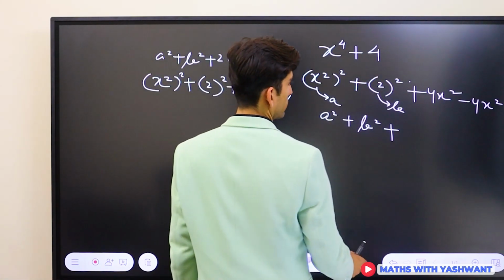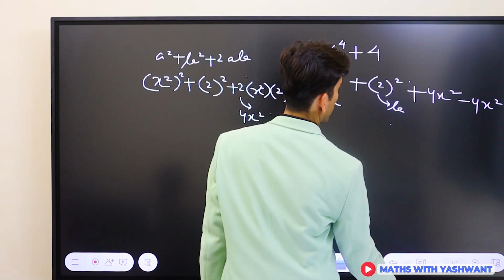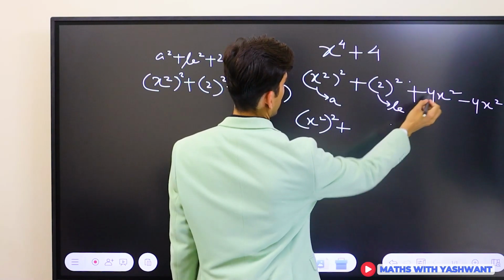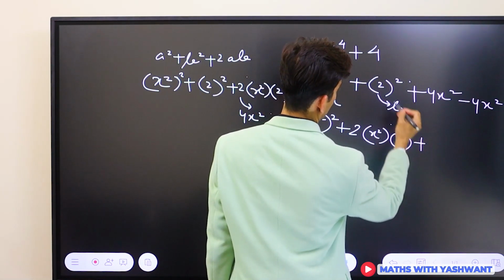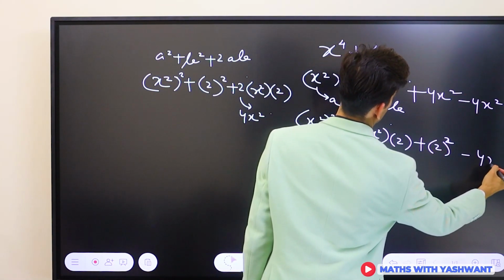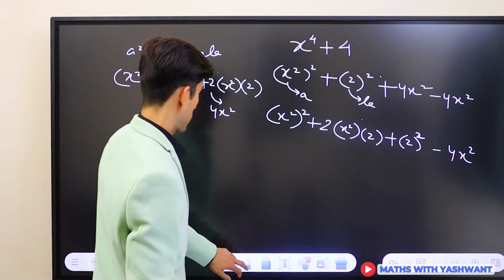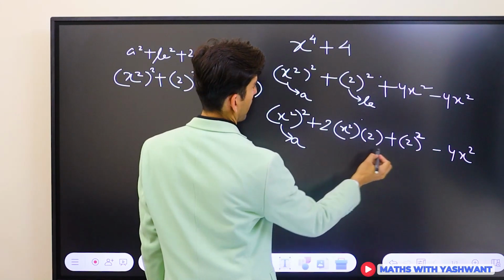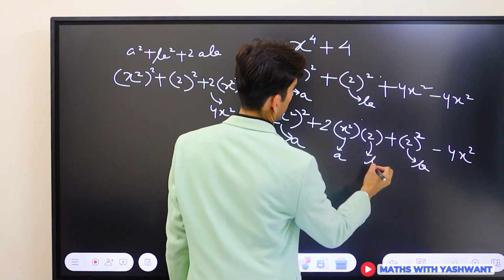Now we'll write this in the middle. So we have x square whole square, and 4x square I can write as 2 into x square into 2, and this is your 2 square, and this negative 4x square we write at the end. Now x square is a and 2 is b, so we have 2ab in the middle.